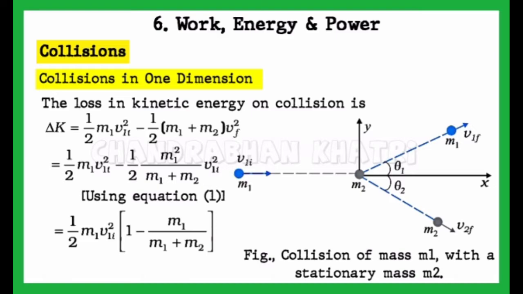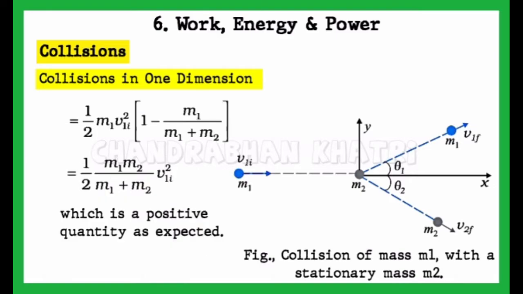After solving this, we will get delta K is equal to half m1 v1i square into (1 minus m1 upon m1 plus m2). Further simplifying this equation, we will get delta K is equal to half m1 m2 into v1i square upon (m1 plus m2), which is a positive quantity as expected.